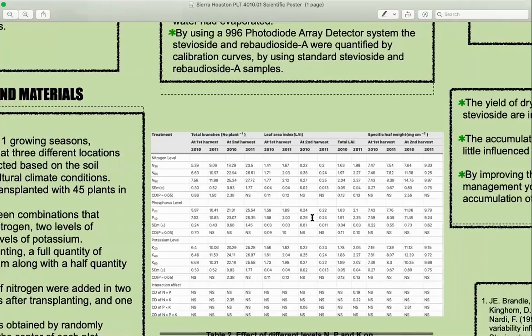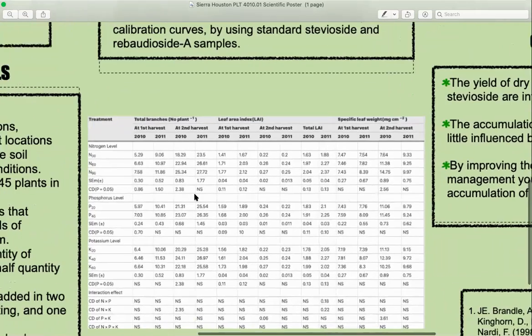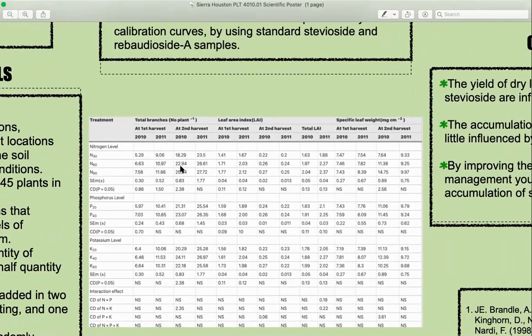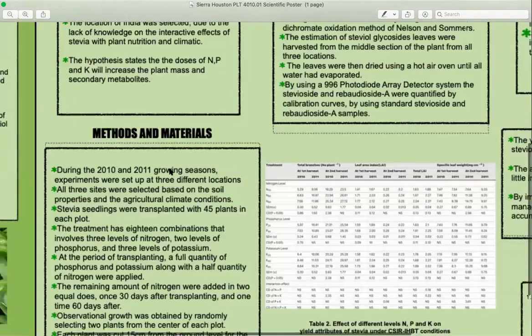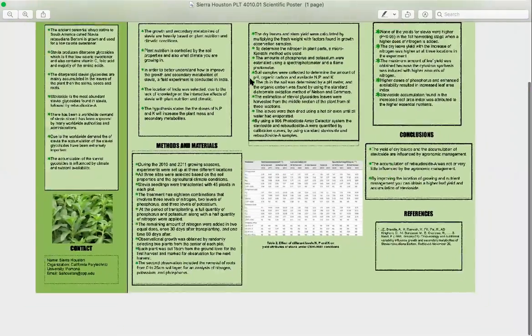No numbers were significantly different, but you can see that the more nitrogen is increased, the bigger your leaf area index is compared to the levels of phosphorus and potassium used in this experiment.